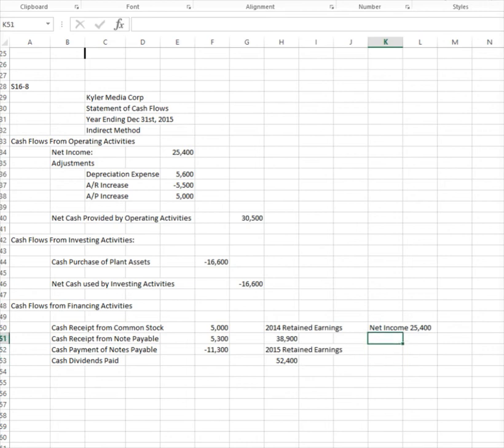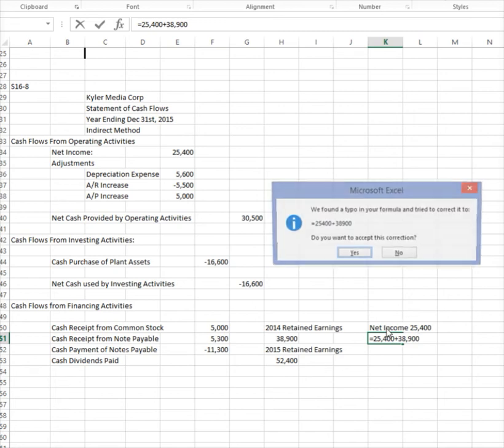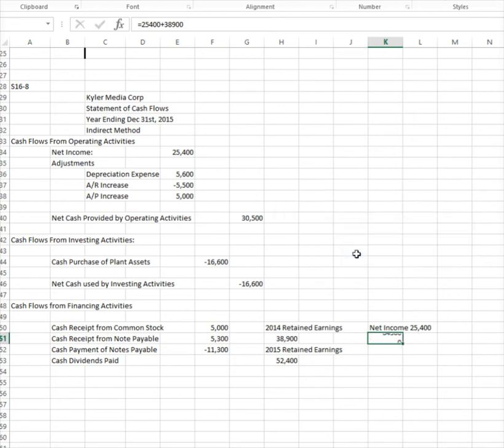So we'll add those two together. 25,400 plus 38,900 gives us 64,300. Okay, so this amount here is what our ending retained earnings balance would be if we had not paid any dividends for the year.